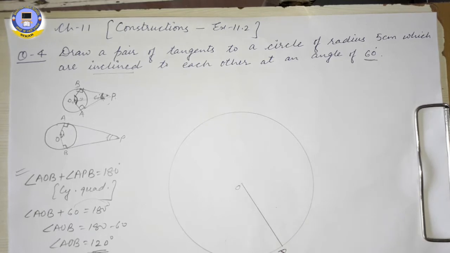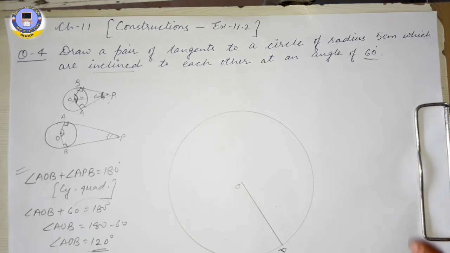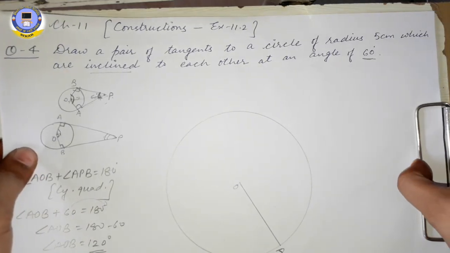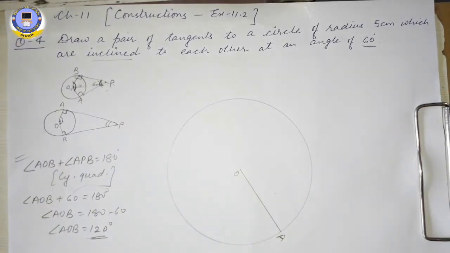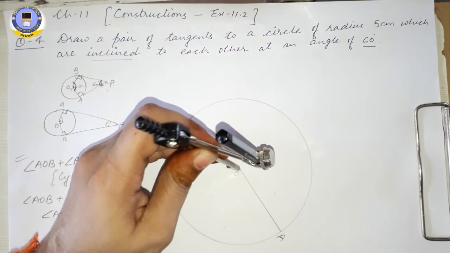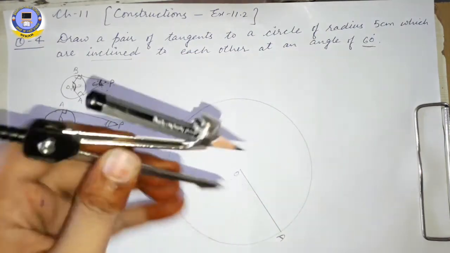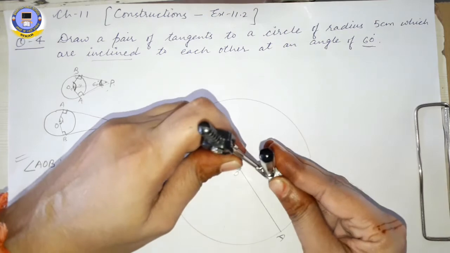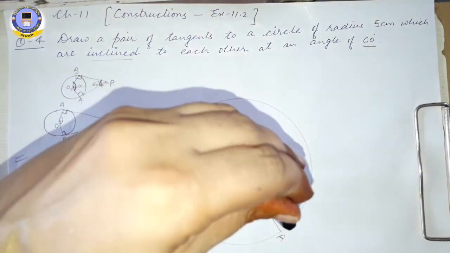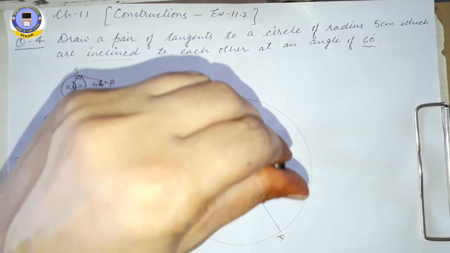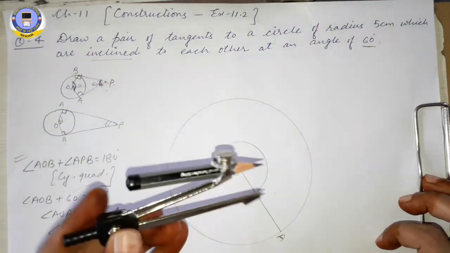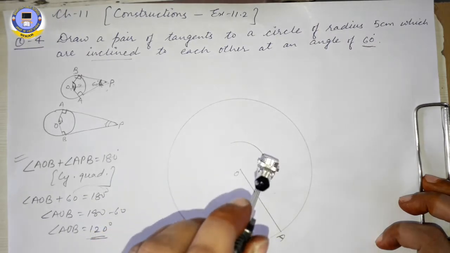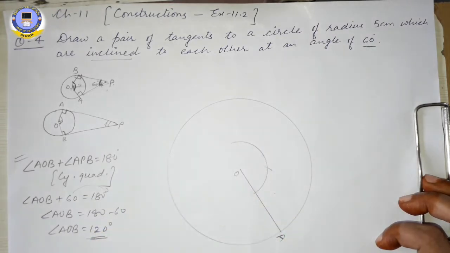Now taking OA as base, we need to draw an angle of 120 degree at the center. So taking O as center and open compass up to a standard size, cut an arc like this. Now you know how to frame an angle of 120 degree. With the same radius, taking this point as center, cut an arc, it is 60 degree.